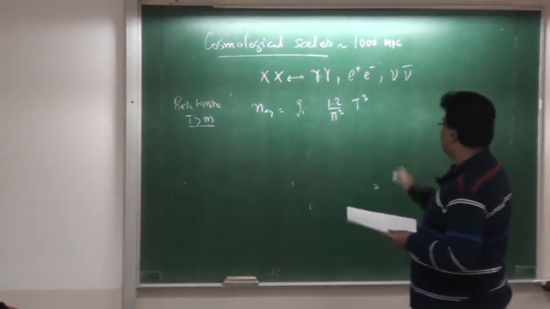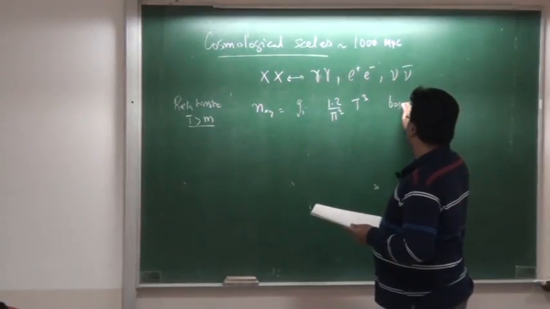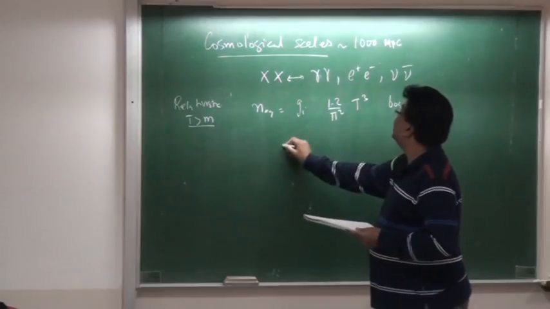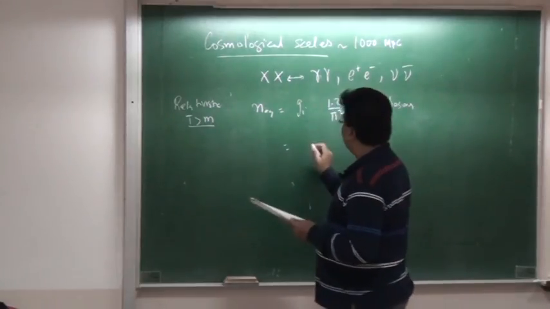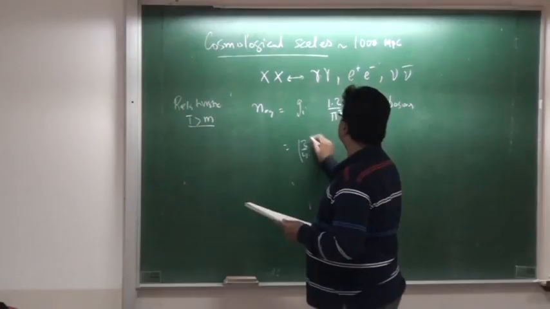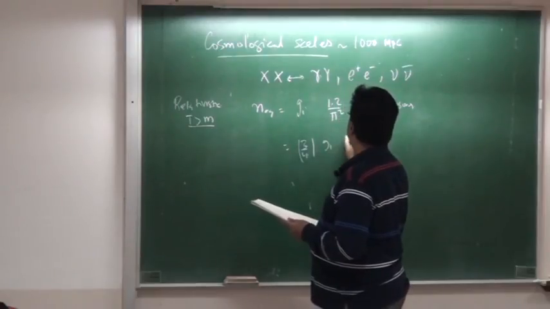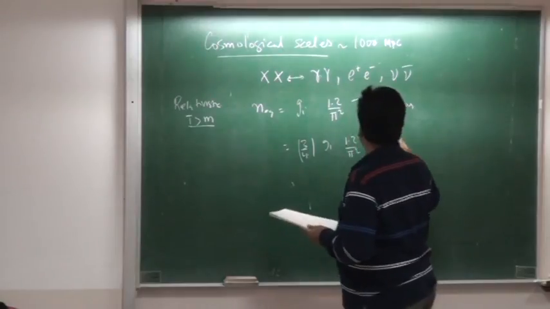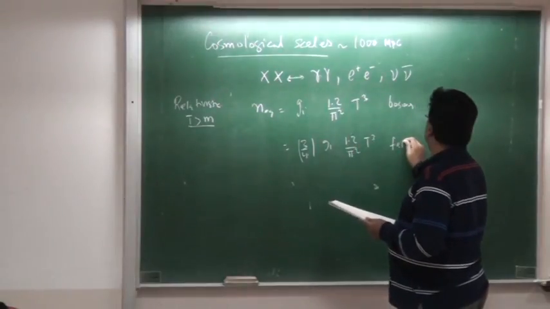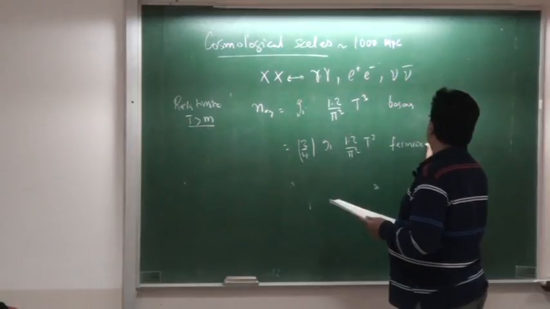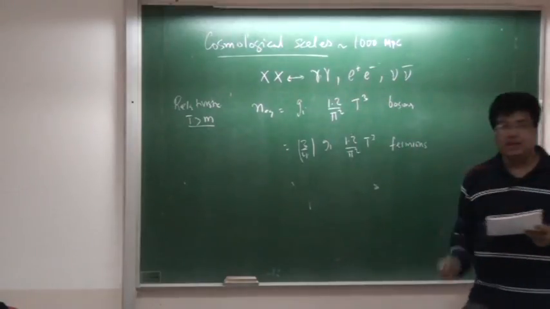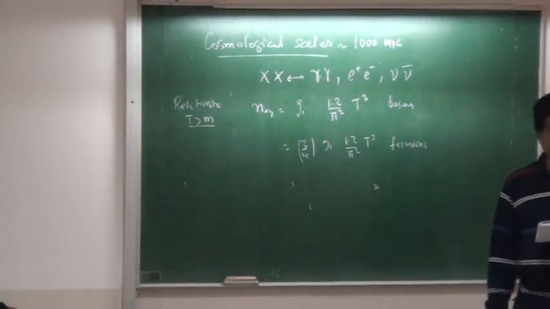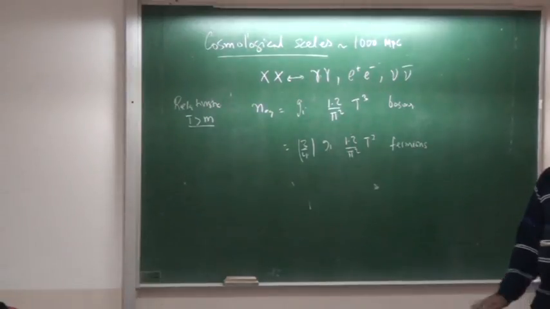And this is if they are bosons, and a factor of 3/4 times the same number if they are fermions. So fermions, because of the exclusion principle, are a little less densely packed compared to bosons.